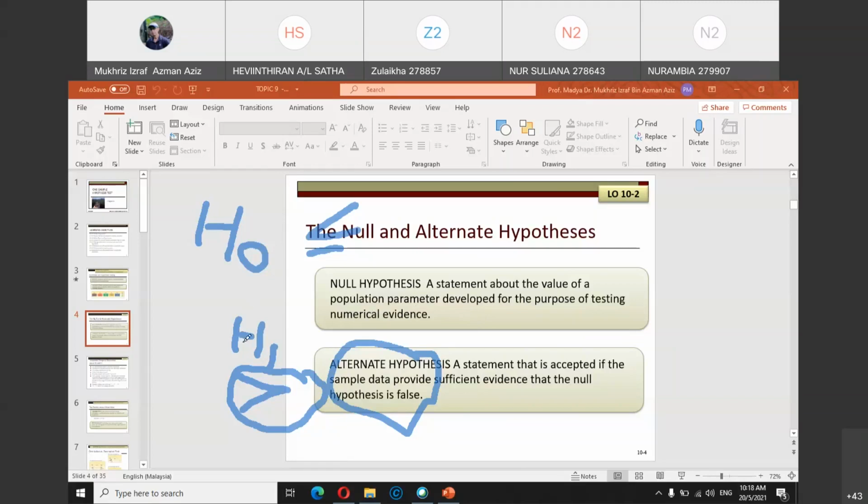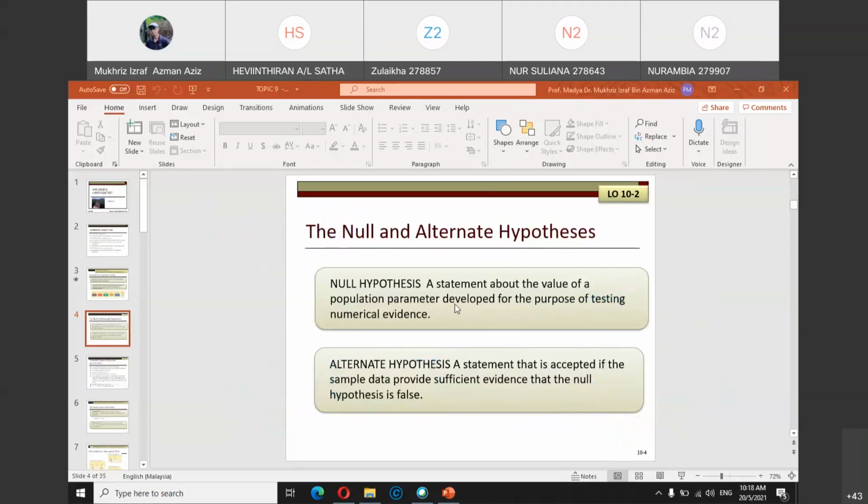So if you feel that it is less than 500, then this is the H1 you want to test. The burden of the sample is to support H1, whereby you feel that the mean is less than 500. So once you know what is your H1, then your H0 will be mean greater than or equal to 500. So this is the idea of H1 and H0.